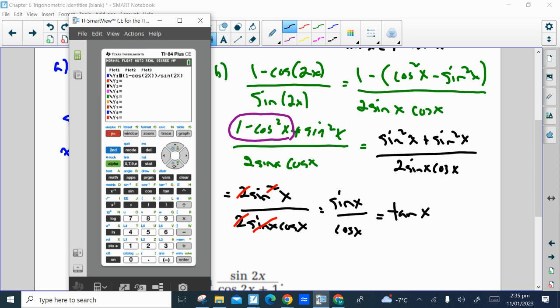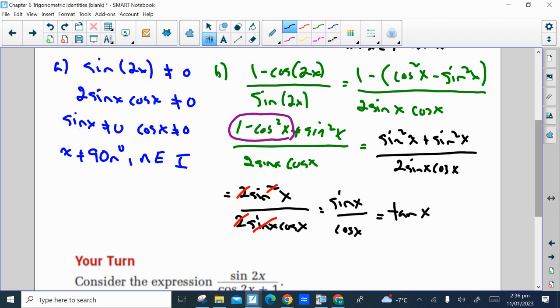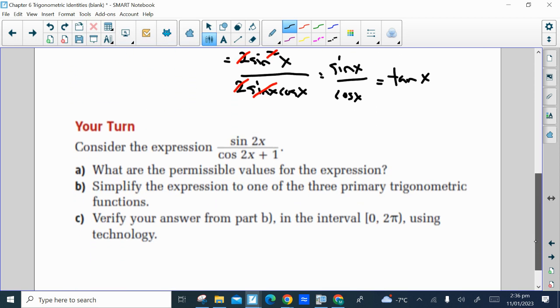But we need to see that it is the same as the graph of tangent of x. So if I put that in as my second equation, it should draw it directly over the first one. It happens fast. And there it is. Same graph. So that means that our simplified expression is equivalent to what we started with. We verified it using technology.